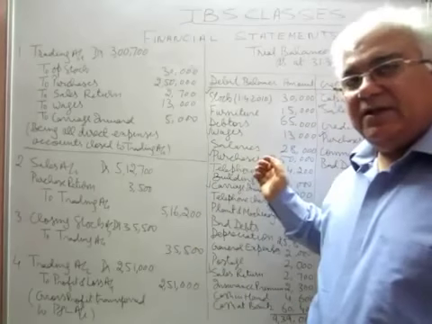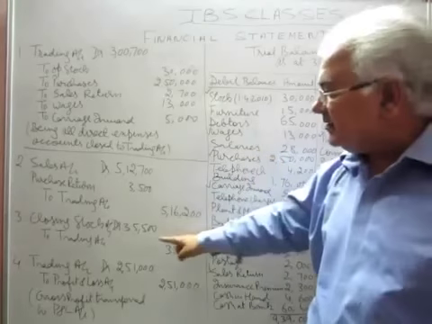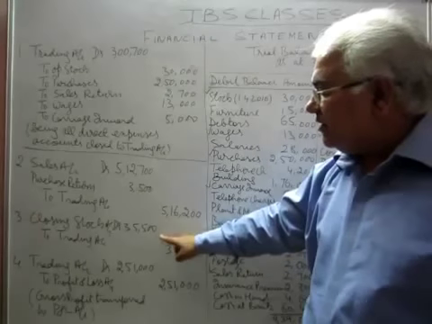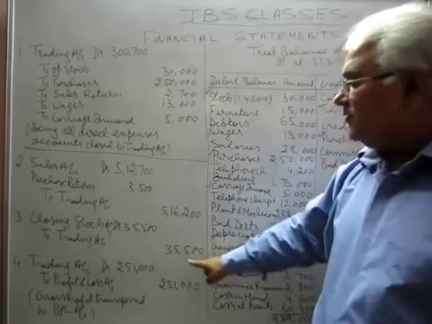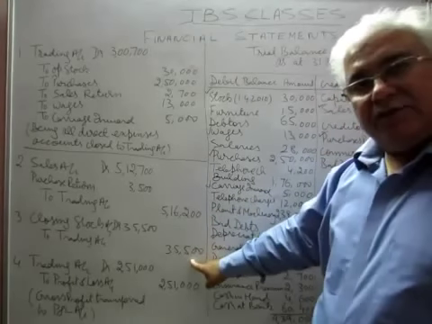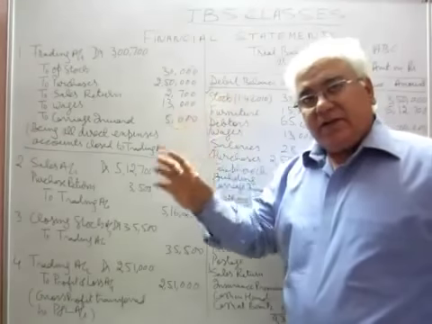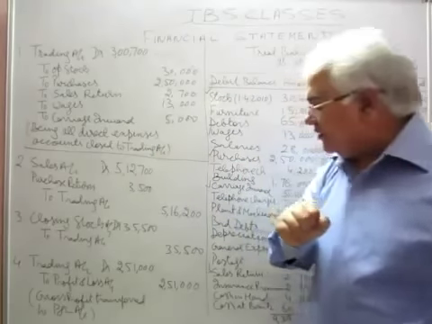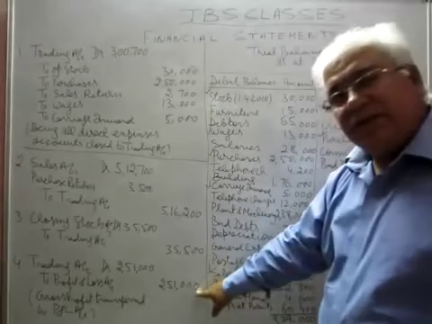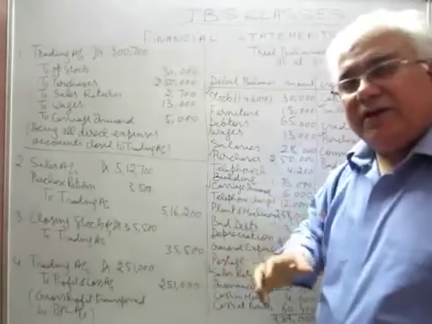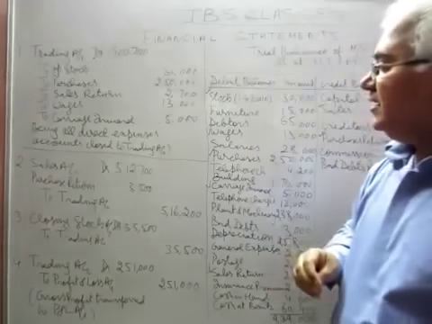But if it is not appearing in this trial balance, then we have to pass this entry. Closing stock account debit to trading account. That is with rupees 35,000. Now, if you prepare your trading account, you will find that you have a profit of 2,51,000. How we arrive at this figure? Just see.